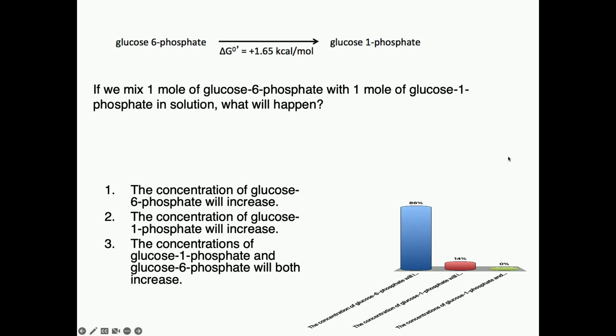Good. So the concentration of glucose 6-phosphate will increase. You have a positive delta G0 prime for this direction, so if you have equal concentrations of them in a test tube, this one is going to accumulate, right? Is that clear?